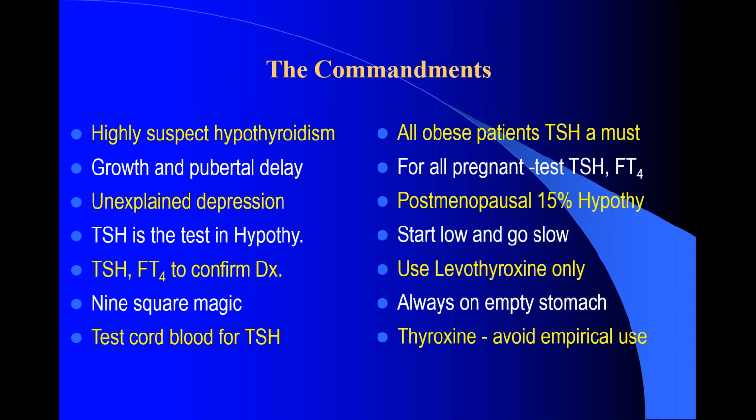That is mandatory in the clinical workup of pregnancy. And you have to test postmenopausal women, because there is a prevalence of 15% in that group. Then in treatment, you have to start with a low dose and go slow. Use levothyroxine only, and it has to be taken always on an empty stomach. These are just reinforcements of what I have told you. And thyroxine must not be given empirically, without workup, or if you suspect something is there and hormones are normal, don't give it.